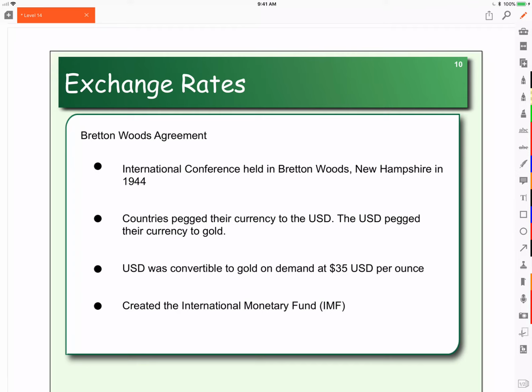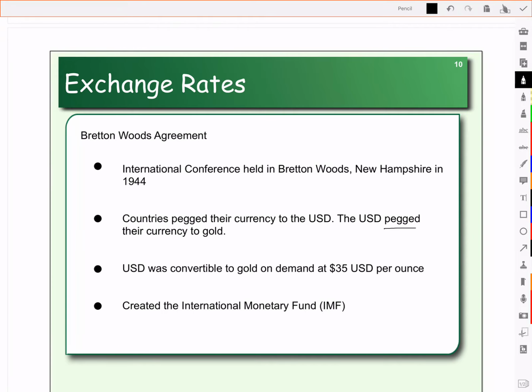Well, what they decided to do is, since nobody had any gold anymore, they couldn't be on the gold standard. Since the US had all the gold, the US was going to peg their currency to gold, and then all the other countries would peg their currency to the US. Okay?